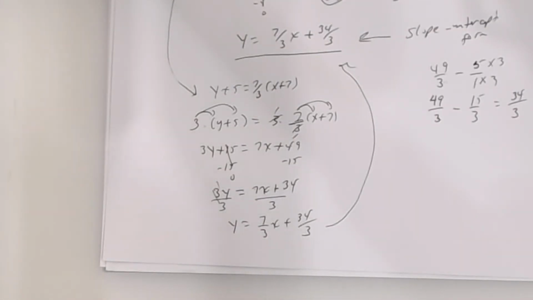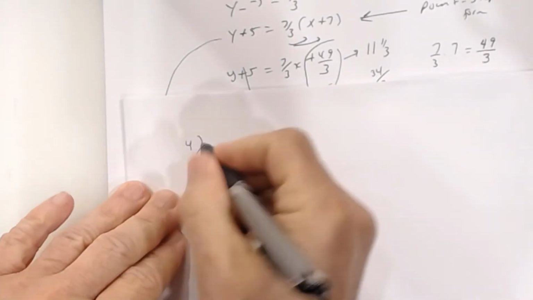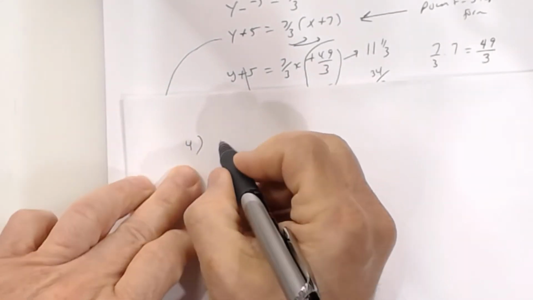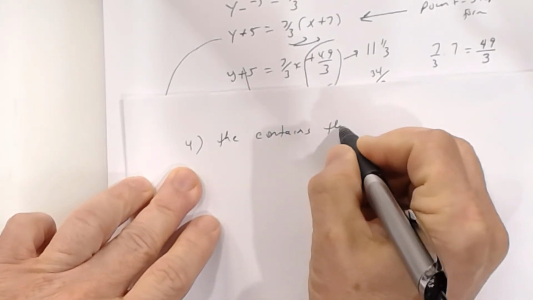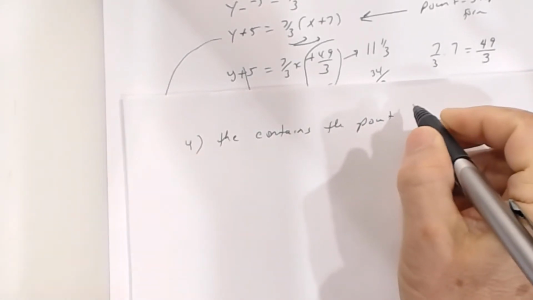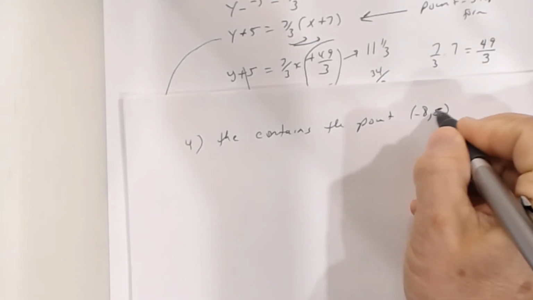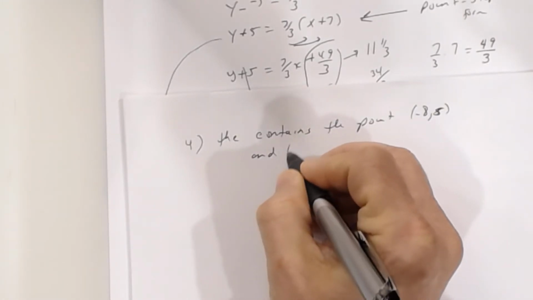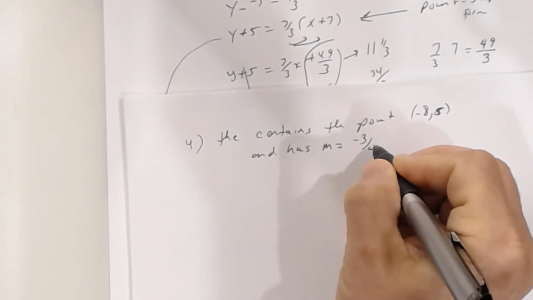So for number 4, let's suppose that the line contains the point -8, 5, and has slope equal to -3/4.